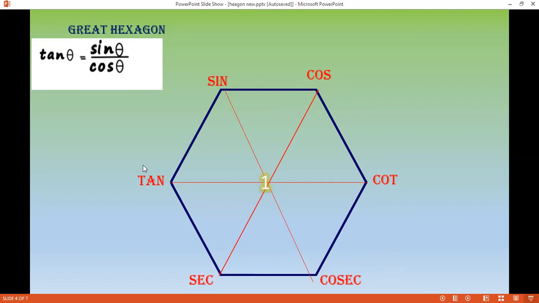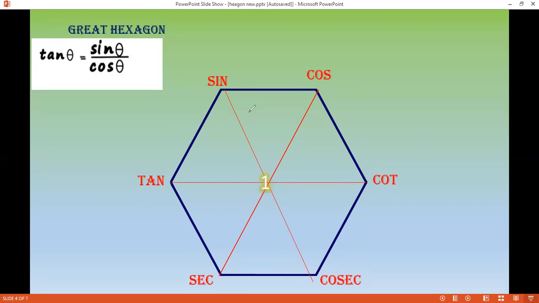So just by using this formula, tan, sine, and cos, you go like that. Tan is opposite always cot. Cot should always be opposite to tan. And then all the co ratios, that means those starting with the letters CO, should be on the right part.